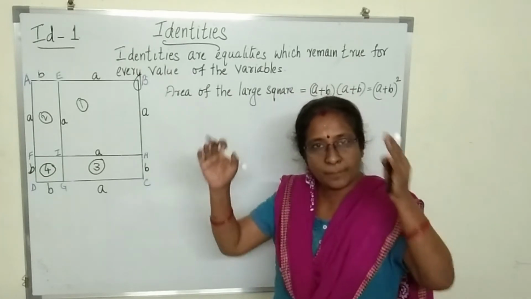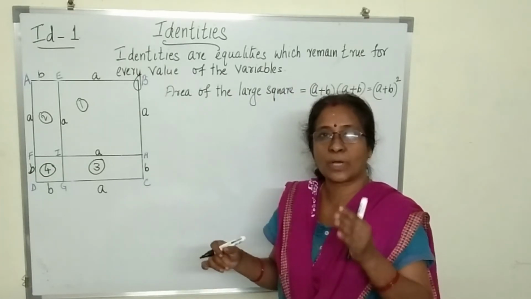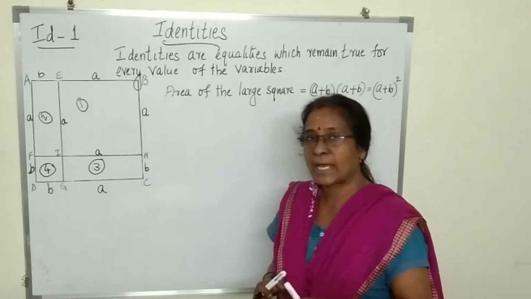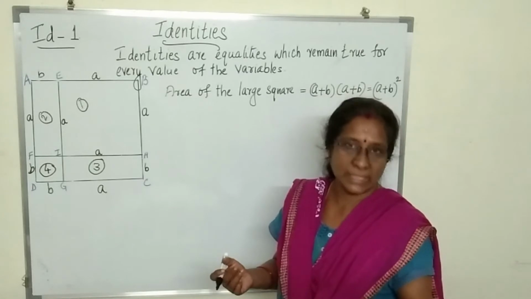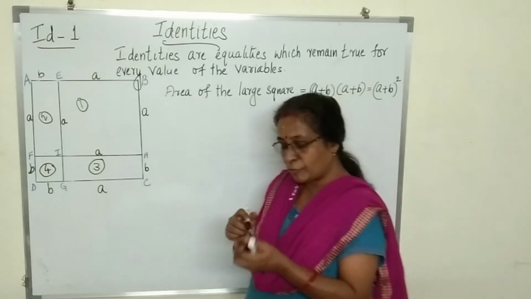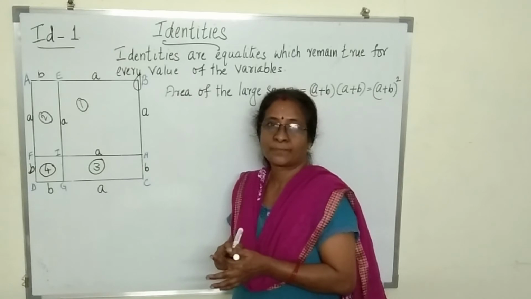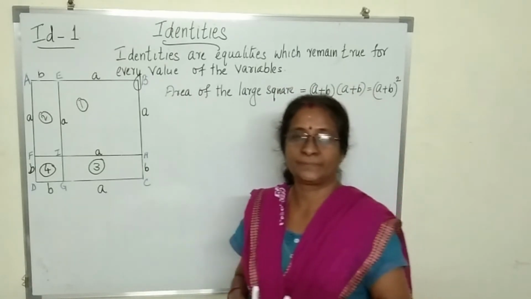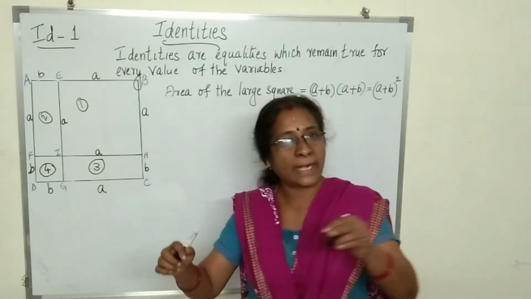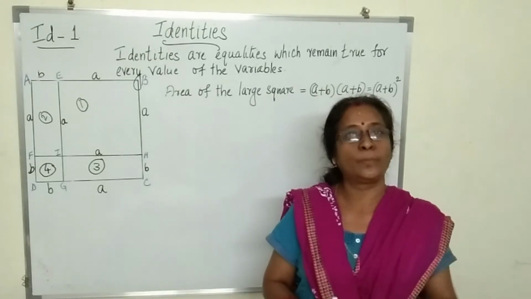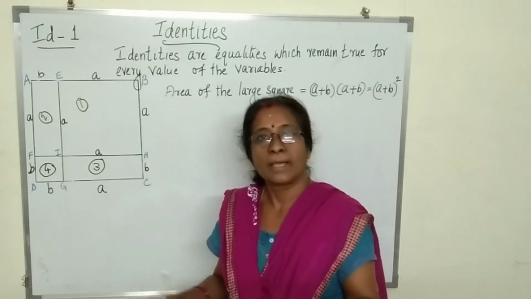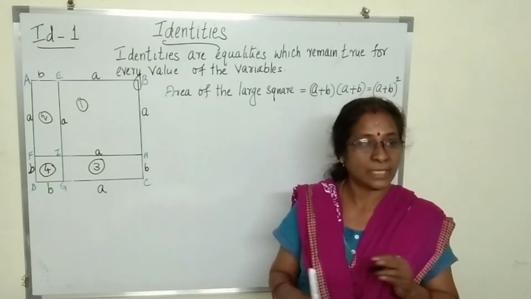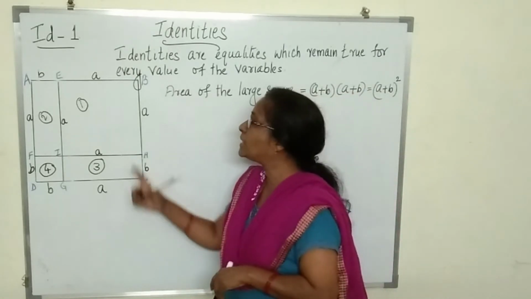The large square is broken into small parts, and if you find the area of those parts and add them, it will be the same. For example, if you have constructed a house and the area of the house is 1200 square meters, and you add the area of each room, every part of the house, that should be equal to 1200 square meters. The concept is the same here.